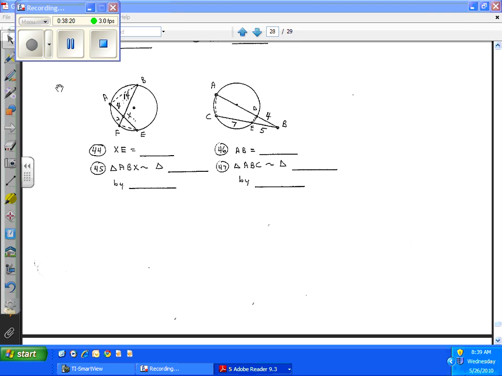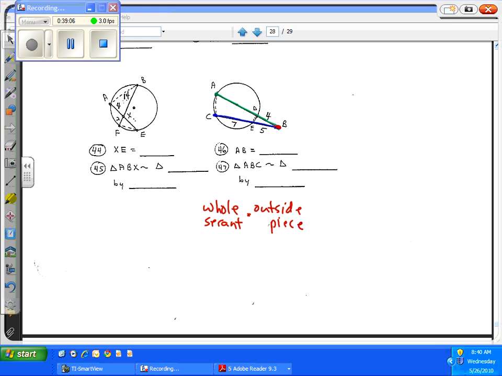All right, let's look at 46 to 47. We want AB. AB is secant. We have a secant drawn to a circle from a point outside. We have a second secant drawn to a circle from a point outside.